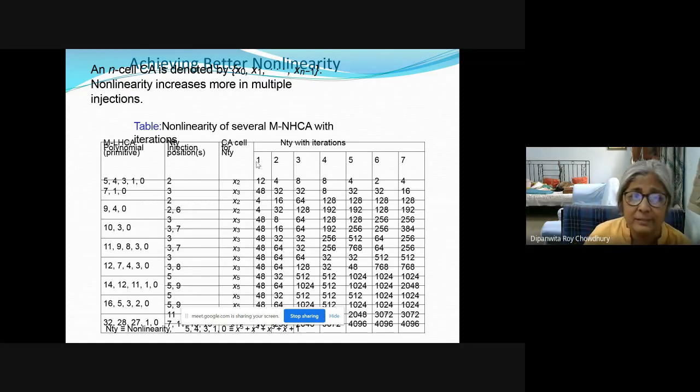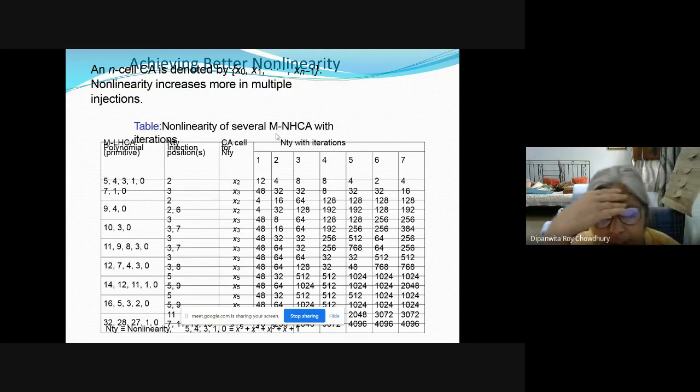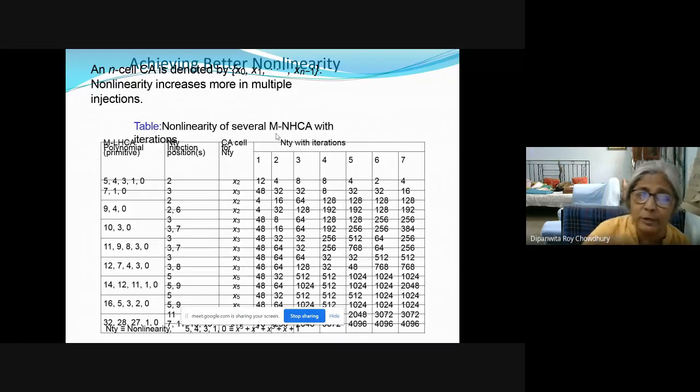So why is this MS attack so relevant? Because remember what we have shown in the NHCA: we have injected the fault in the nonlinear part. Now here our nonlinear part is nothing but a nonlinear hybrid cellular automata. With multiple injections, this is my nonlinearity.